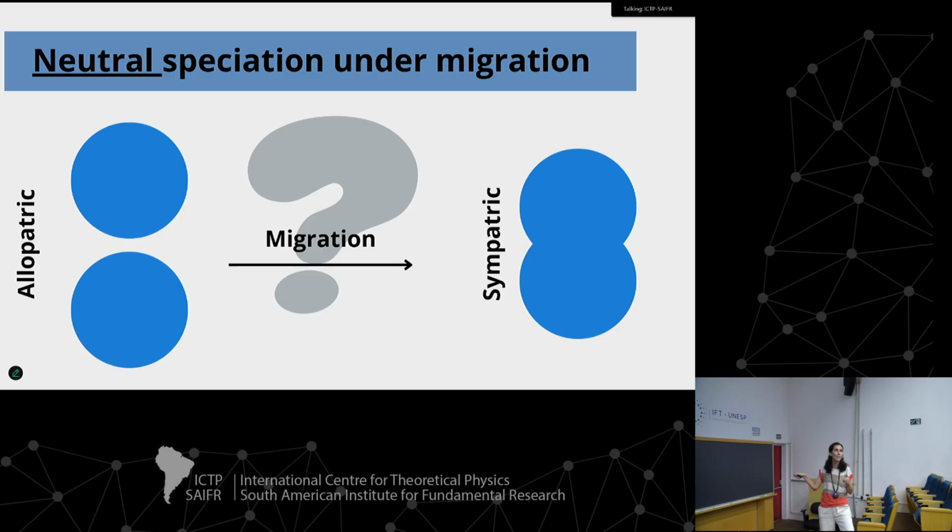We have just 2 squares in this model, just 2 islands. Our proposal is to understand how migration plays a role in this scenario, because in nature, a real allopatric barrier that avoids migration is not so common, so maybe migration plays a role here.